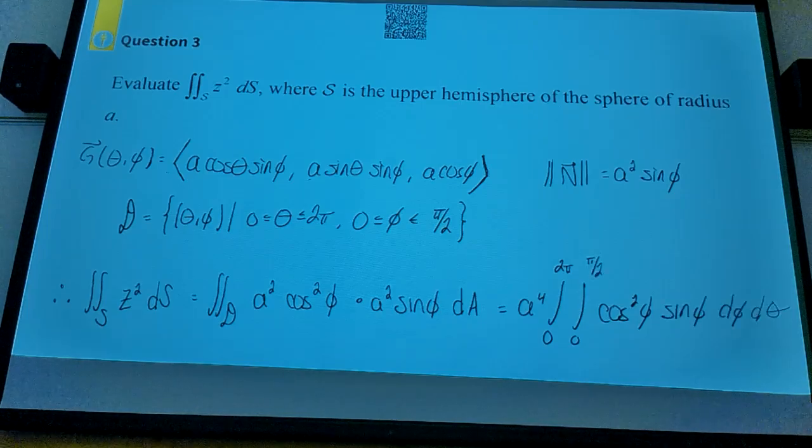And then set up your iterated integral. A to the fourth times the integral 0 to 2 pi of the integral 0 to pi over 2 of cosine squared phi times sine phi d phi d theta. Again, that is not a terrible integral to do.